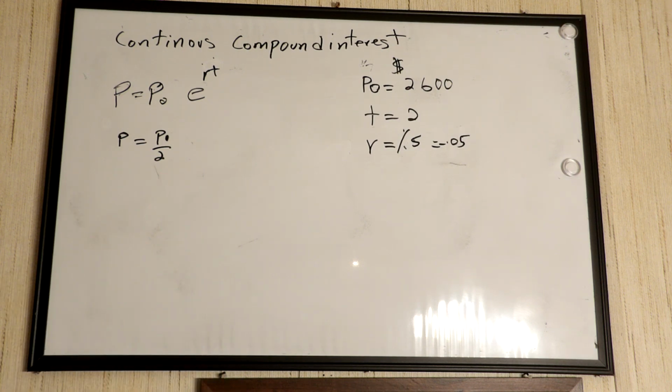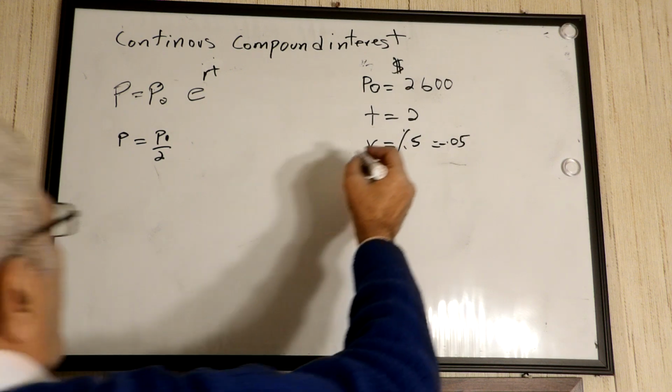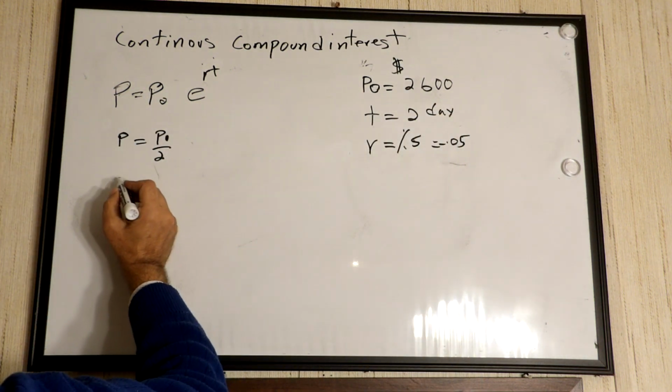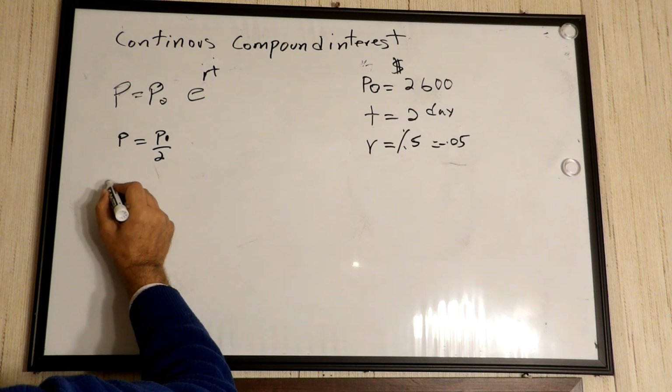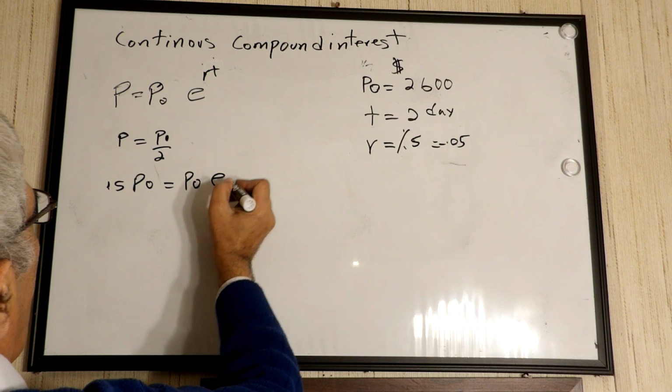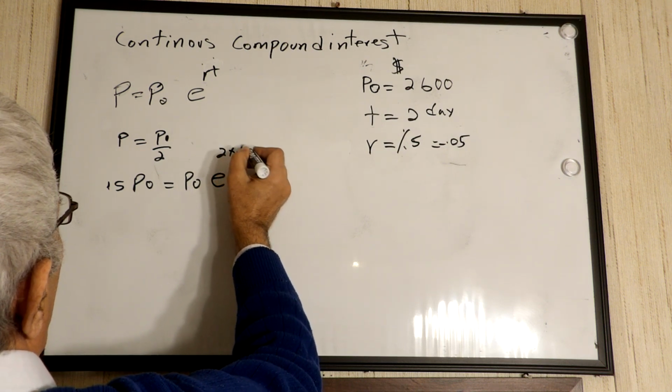So if we suppose the half-life is 2 days, what you do is say 0.5 P0 is equal to P0 e to the 2 times 0.05.